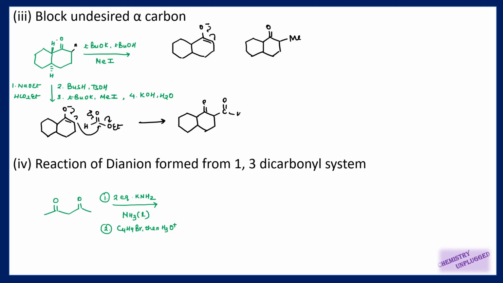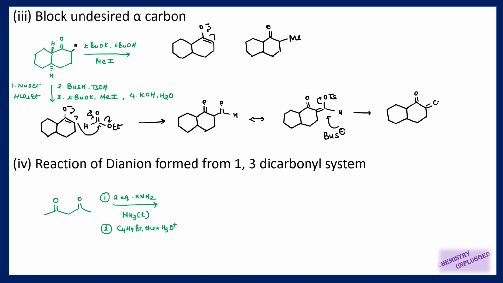Then this thiolate will attack on this carbon, and this tosylate group will be removed. So I will get this group attached like this. So this carbon is blocked now, right?